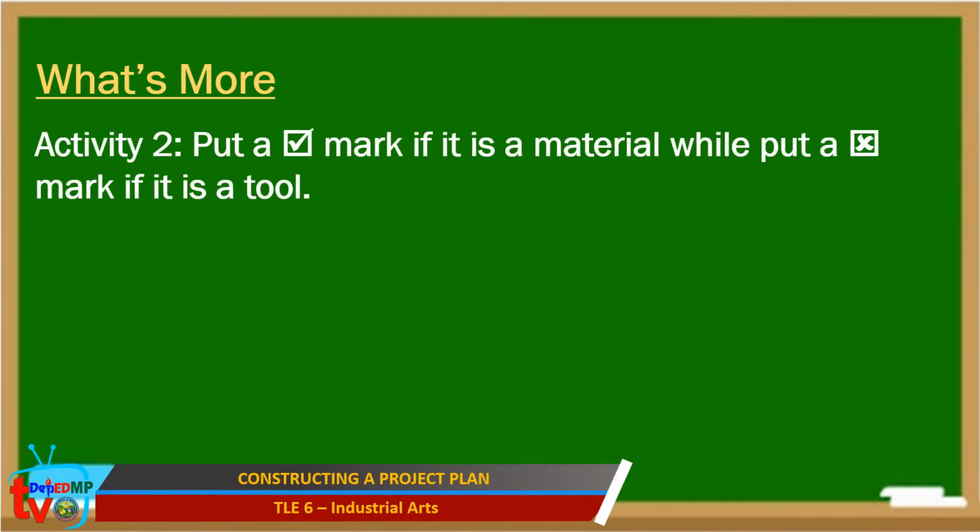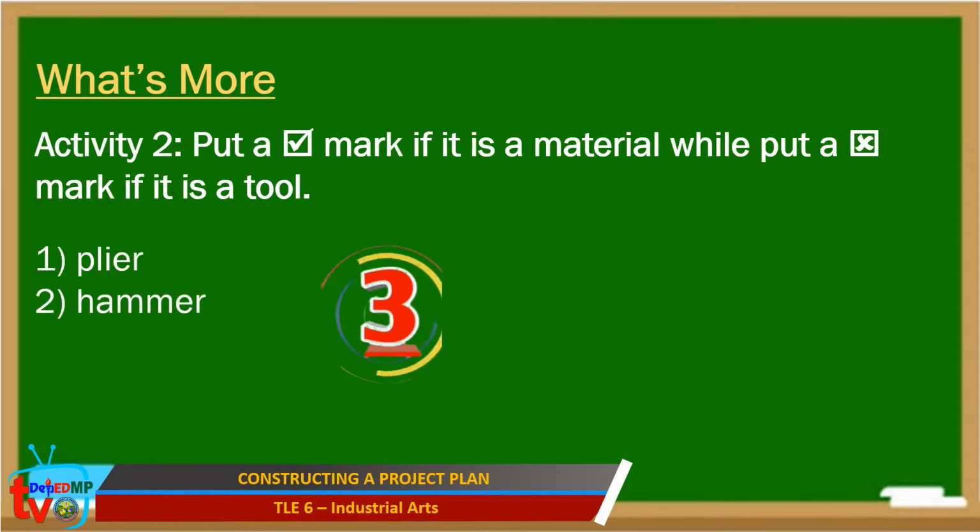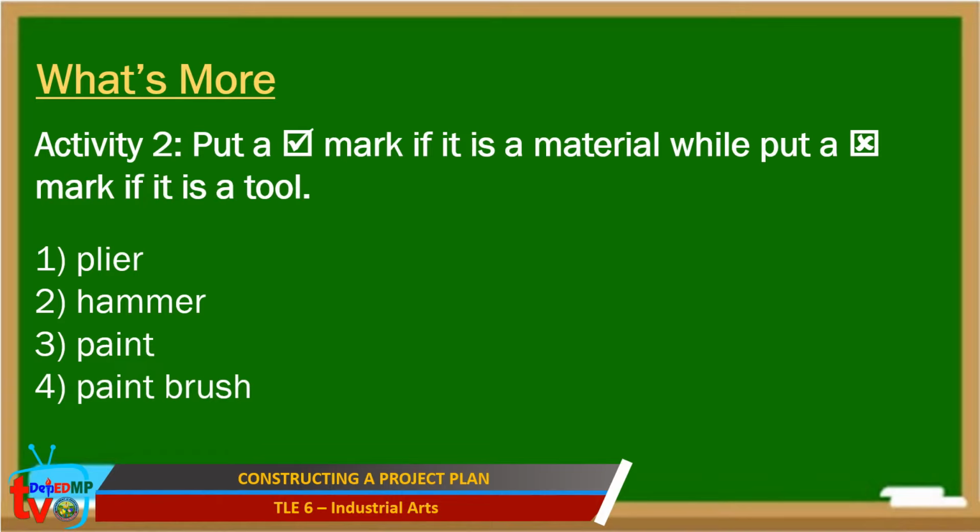For activity 2, put a check mark if it is a material and put an X mark if it is a tool. Number 1, plier. 2. Hammer. 3. Paint. 4. Paintbrush. 5.